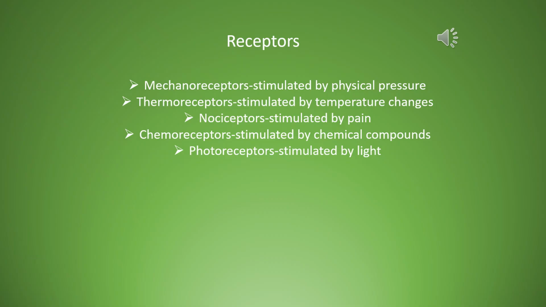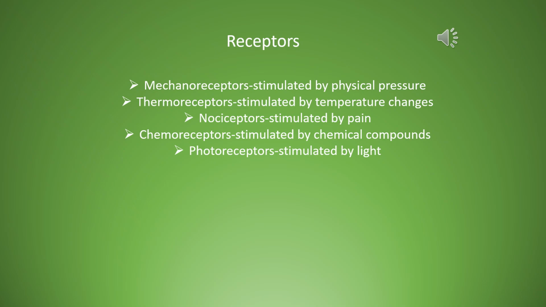Thermoreceptors are sensitive to hot and cold. Obviously, those would be present in the skin. Nociceptors are stimulated by pain. Pain oftentimes is mediated by chemicals released by injured cells, such as the chemical bradykinin. They will bind to nociceptors, and the nociceptors initiate an action potential.